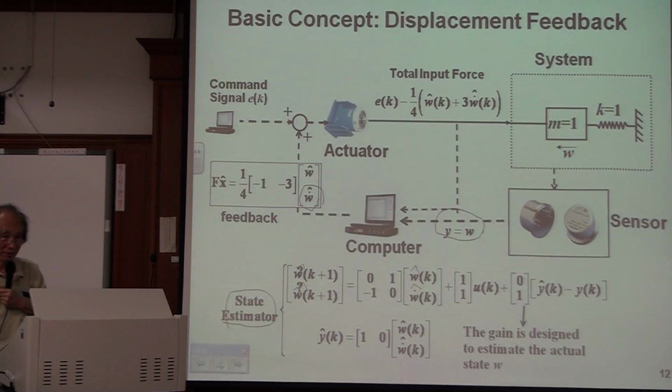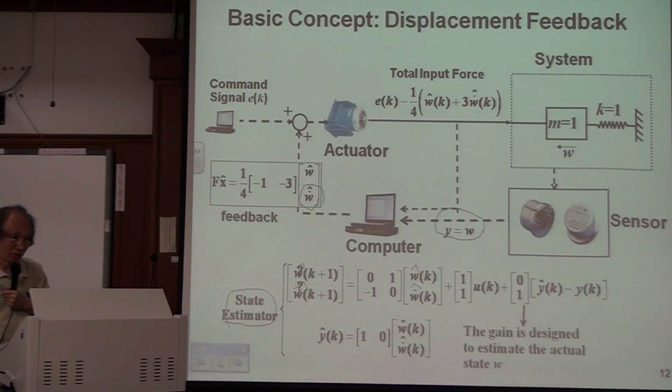In theory, W hat will avoid some of the noises or uncertainties from your devices. This is why the optimum observer is called the Kalman filter. The Kalman filter will filter out some of the uncertainties and noises, making your W hat and W dot hat smoother. That's what it means.